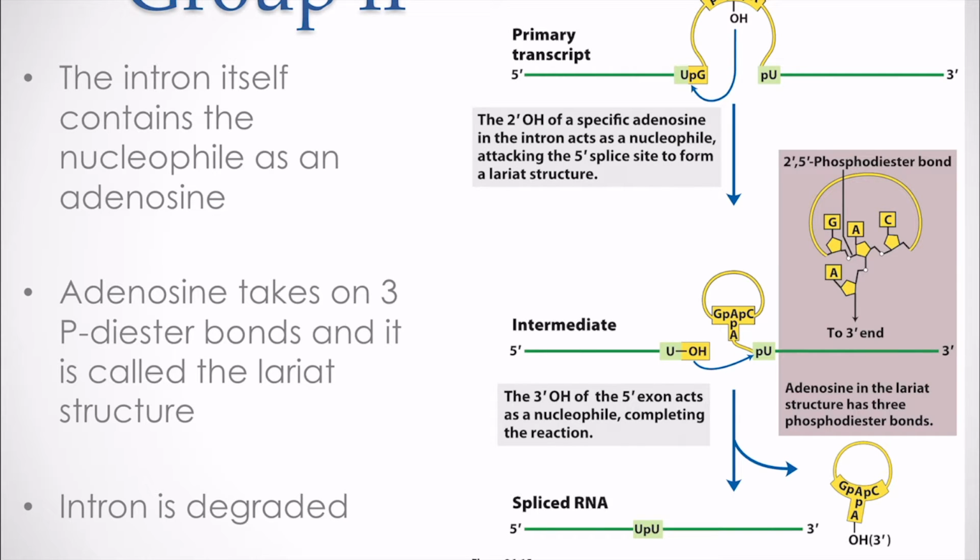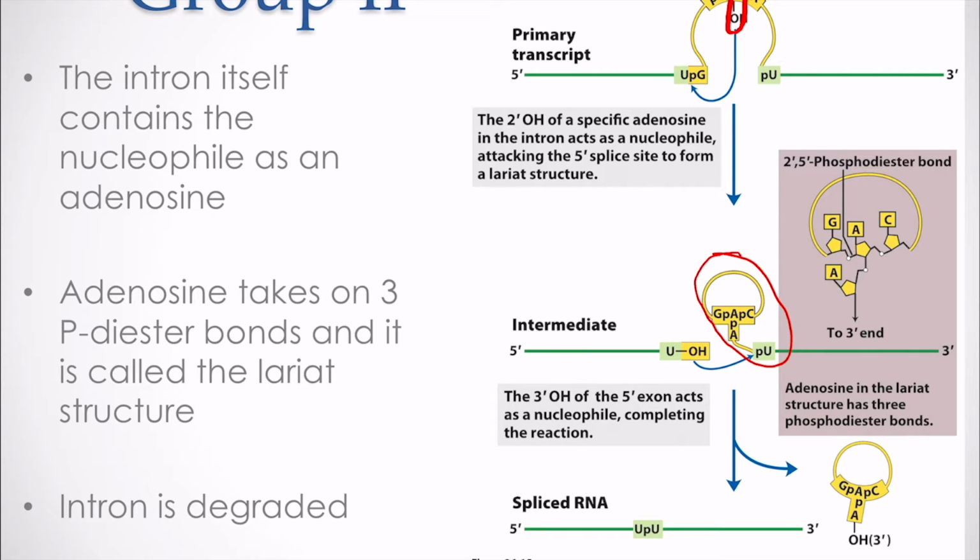Now, group 2, the intron contains a nucleophile itself on an adenine. So here's the adenine with the OH group. And so the primary transcript in this intron itself has the nucleophile. So adenosine is going to then take on a 3' phosphodiester bond, and it's going to be referred to as a Lariat structure.